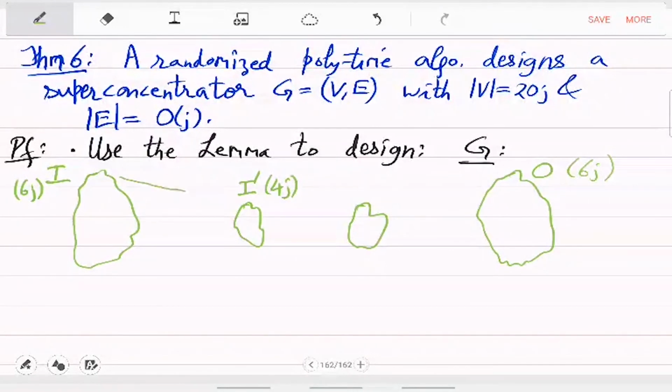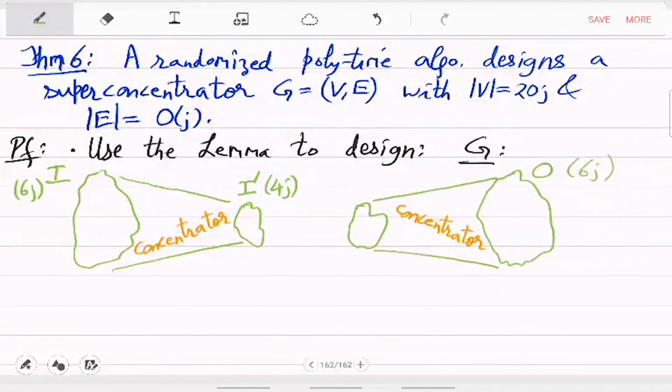Okay, so that's the concentrator business. And similarly here there is a concentrator. So I to I prime is the concentrator we built in the lemma, and then O to O prime is also the same concentrator, but placed kind of in this reverse way.